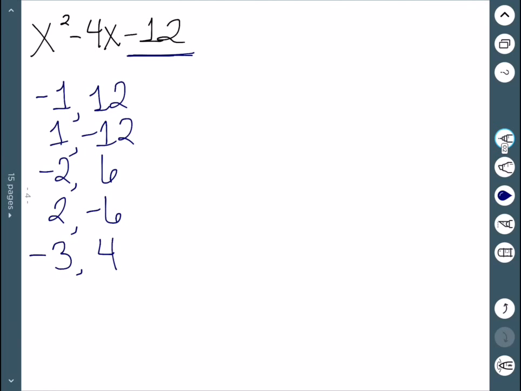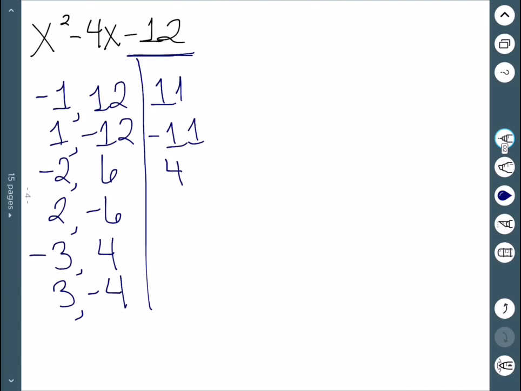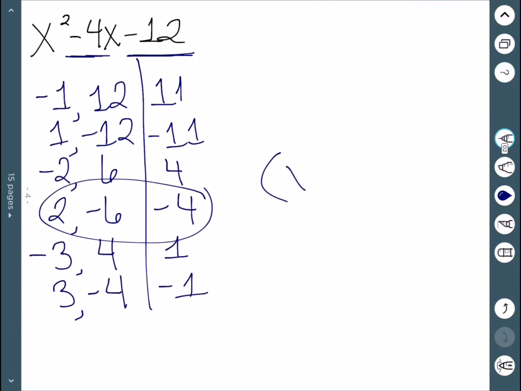Negative 3 and 4, or 3 and negative 4. And then we should add these. This is 11, minus 11, 4, minus 4, 1 and minus 1. And we need them to be negative 4. So now I have x plus 2, x minus 6.